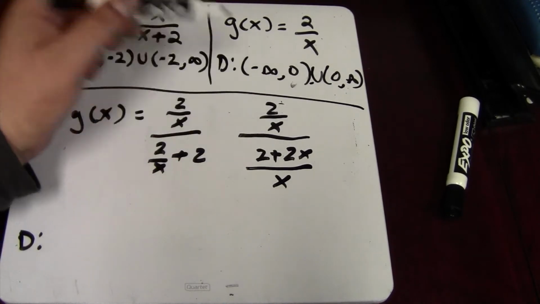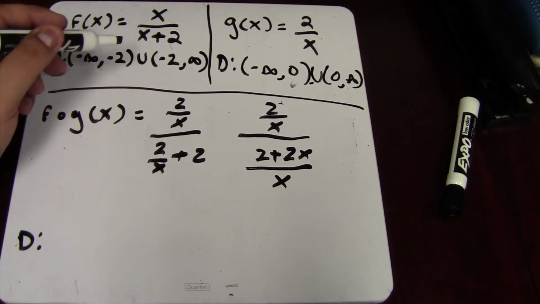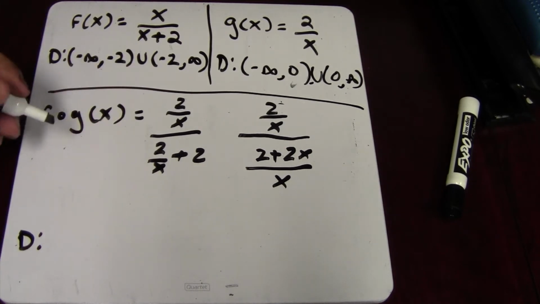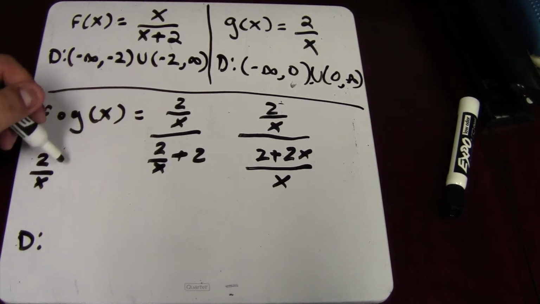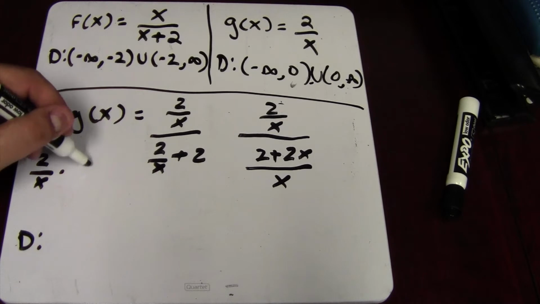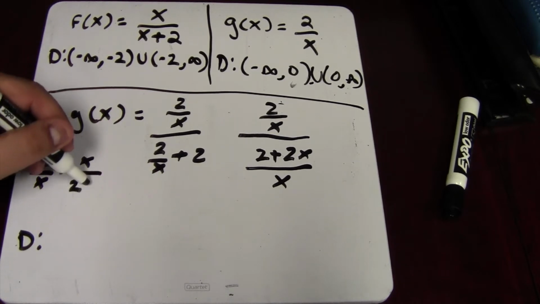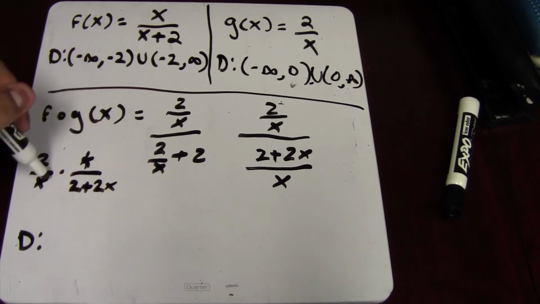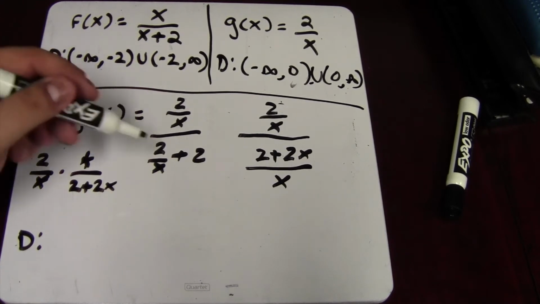When we're dividing two fractions like this, we can flip and multiply them. So we'll do that here. We'll get 2 over x times x over 2 plus 2x. And we can see that those x's clear out there.